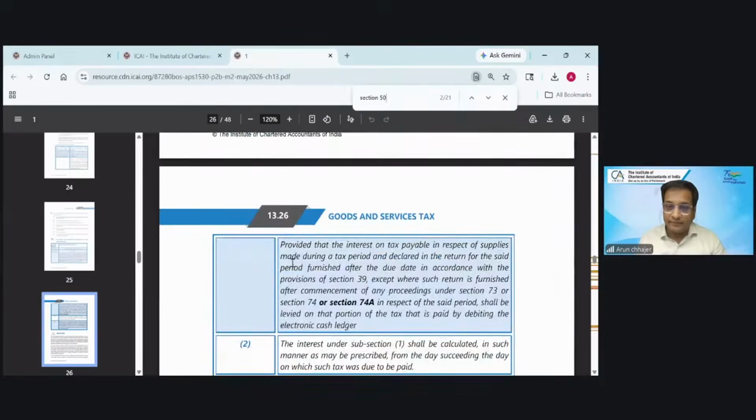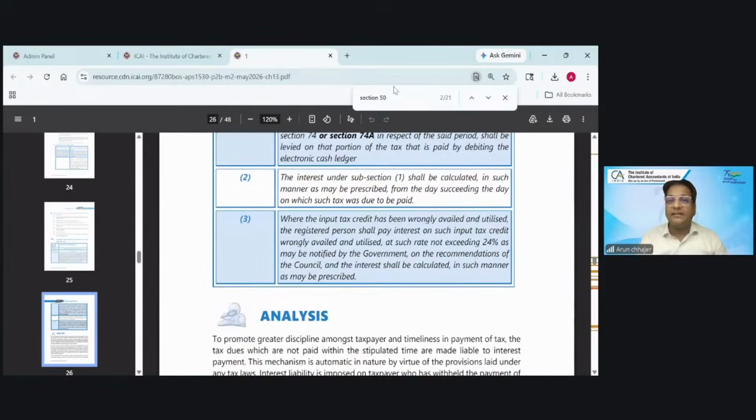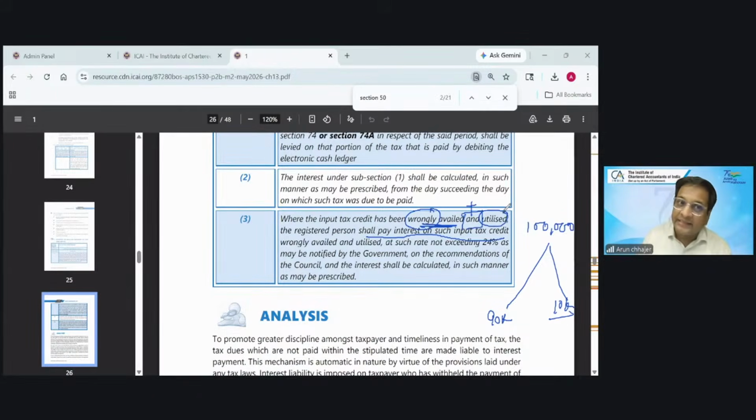Provision says that when ITC has been wrongly availed and utilized, then the registered person shall pay the interest on such ITC wrongly availed and utilized. Out of rupees 1 lakh, how much is wrongly availed and utilized? You can say 90,000. Now the balance 10,000, which was wrongly availed, but whether it was utilized, no, because it was lying in the credit ledger.